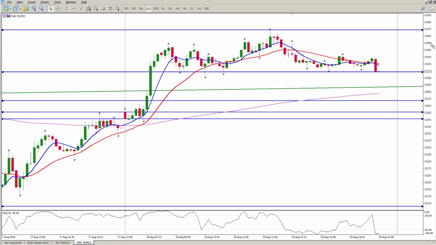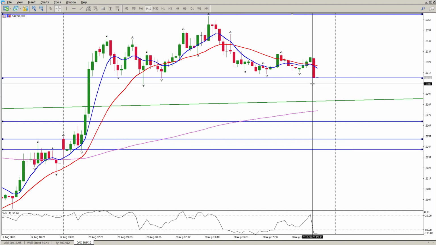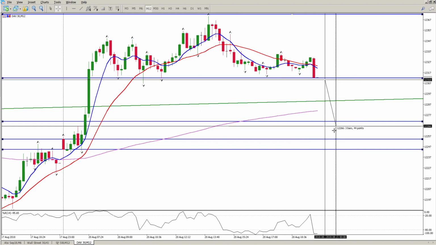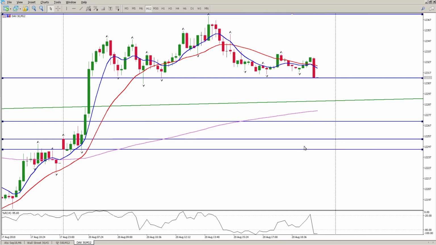But I think we're going to get a pullback first. If we do get a break of this pattern, then we're definitely going to get a move to the downside, and that's nothing to be frowned upon. It's a good 60-point move. Okay, so that's my take on this at the moment.